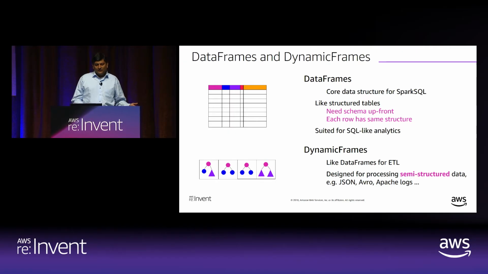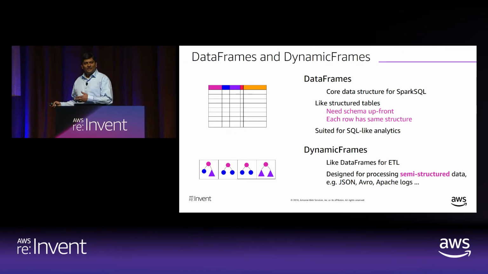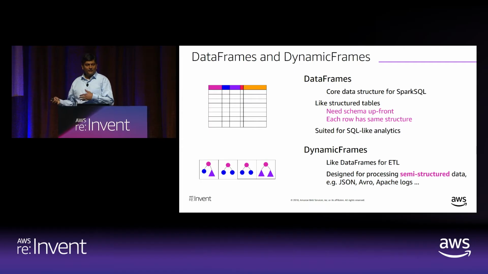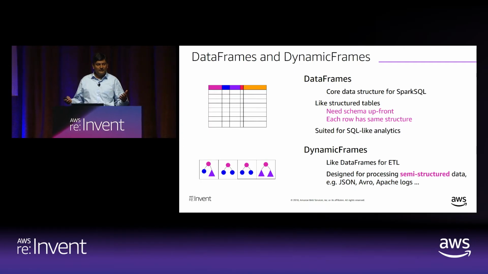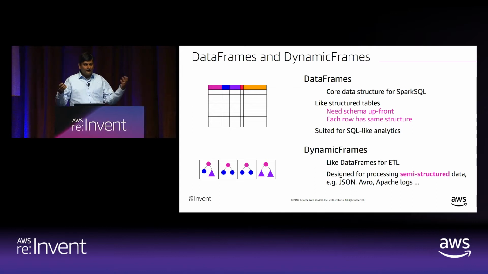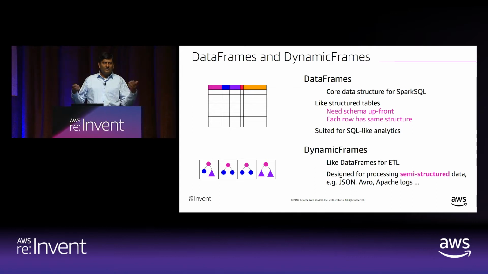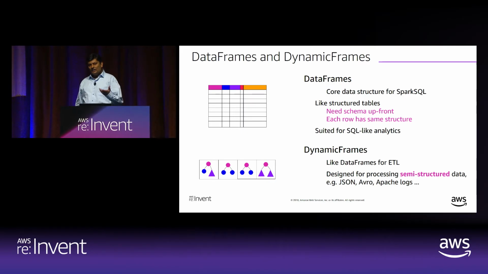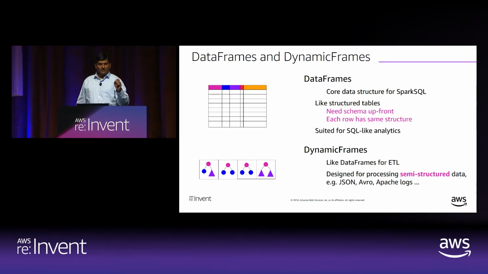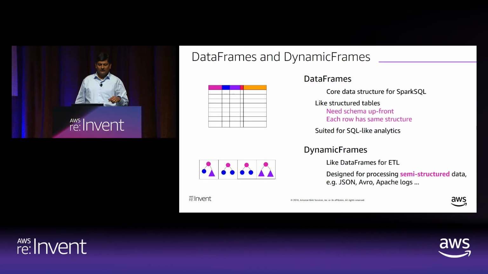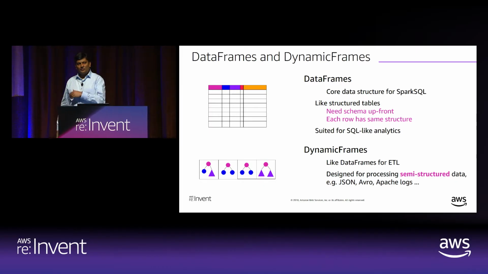If, on the other hand, what you're doing is ETL, this structure actually gets in the way, especially if you're looking at unclean, incomplete, semi-structured data that's often coming out of logs, for example, Avro data or JSON data, or things that you didn't anticipate recording, but you recorded, and now you've got to go analyze it. So what dynamic frames do is that they actually store the structure of each record with the record itself. So every record can be different from the previous.